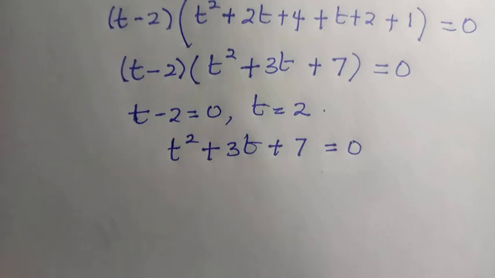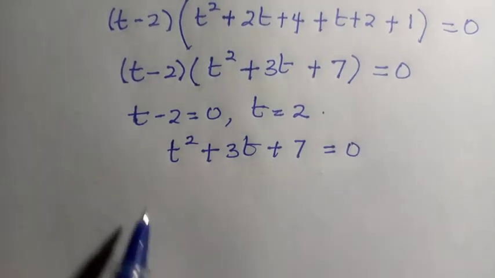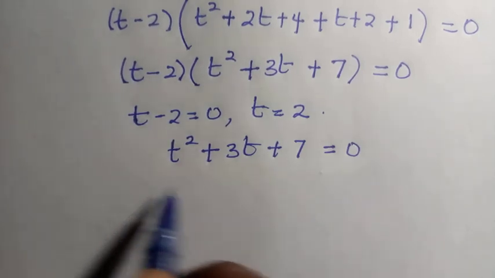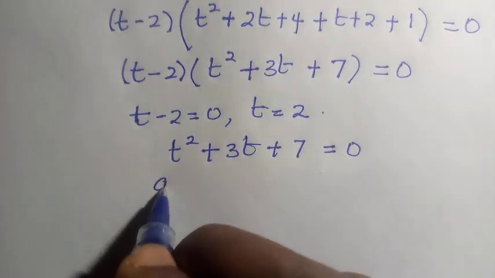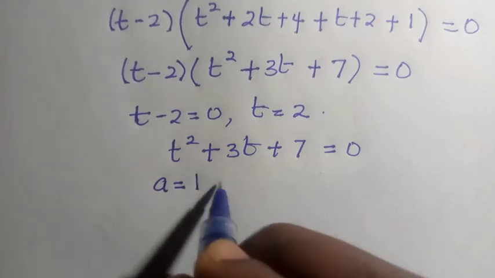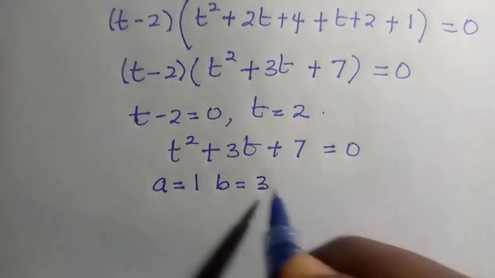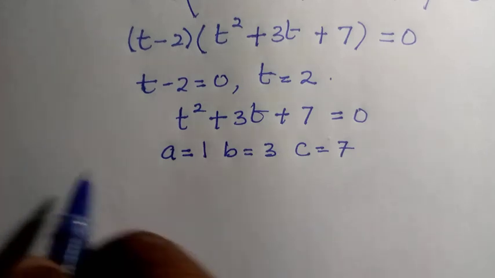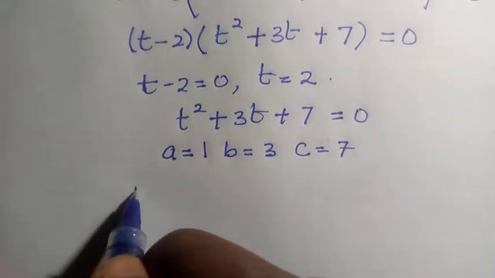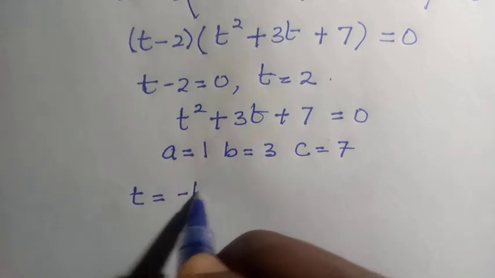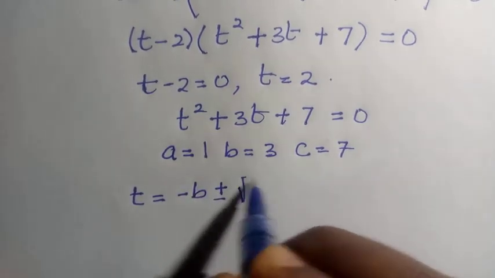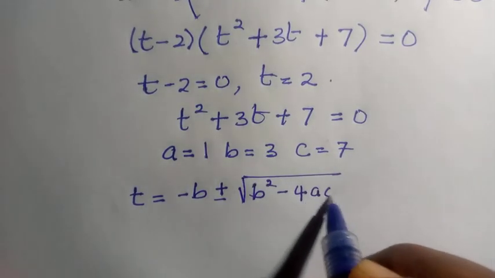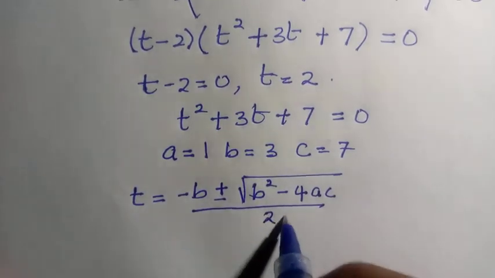Here is a quadratic equation, which will give us two values. To do that, we get our a first. a is 1, b is 3, which is the coefficient of t, and c is the constant value 7. We plug it into the formula t equals minus b plus or minus the square root of b squared minus 4ac, divided by 2a.